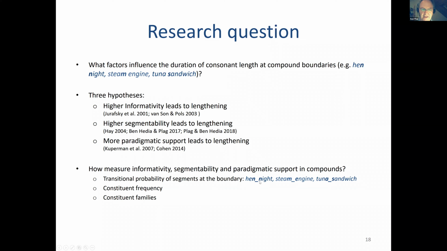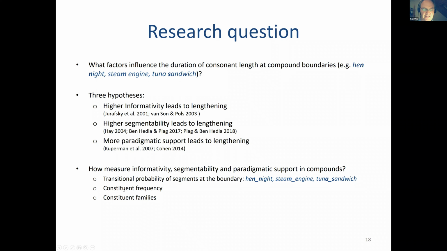And as usual, if something is highly probable, it's not informative and therefore should be less long in its pronunciation. Constituent frequency is another measure of informativity.